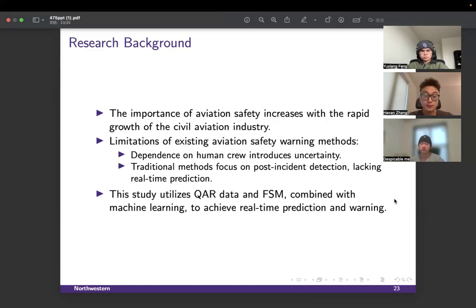Traditional warning methods heavily rely on human judgment or post-incident data analysis. These approaches are prone to human error and lack real-time capabilities. Our study combines the QAR data with FSM modeling to propose a new method for real-time prediction and early warning.